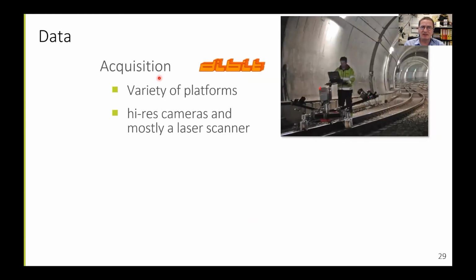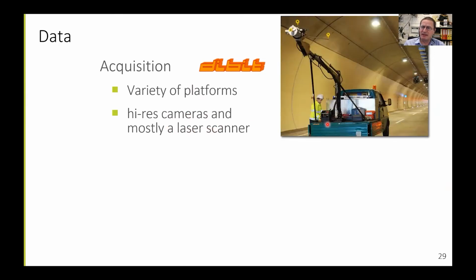And so the data acquisition is done on a variety of platforms. This is mounted on a track, for example, where high resolution cameras are involved, and also a laser scanner to capture the distance, for example. Maybe in a street tunnel, you have a different setup.